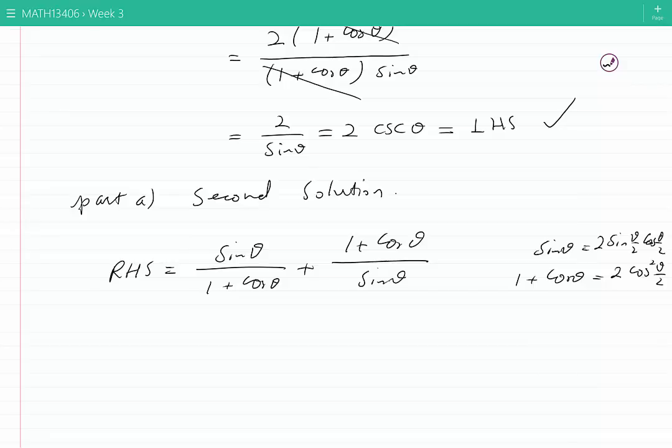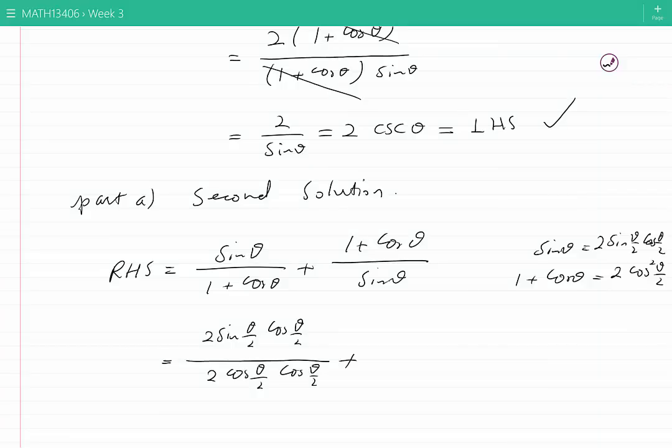If we do the substitution, we would get, for the right hand side, instead of sine theta, 2 sine theta over 2 cos theta over 2 over, and instead of 1 plus cos theta, I would get 2 cos squared of theta over 2, that I can write as 2 cos theta over 2 cos theta over 2.